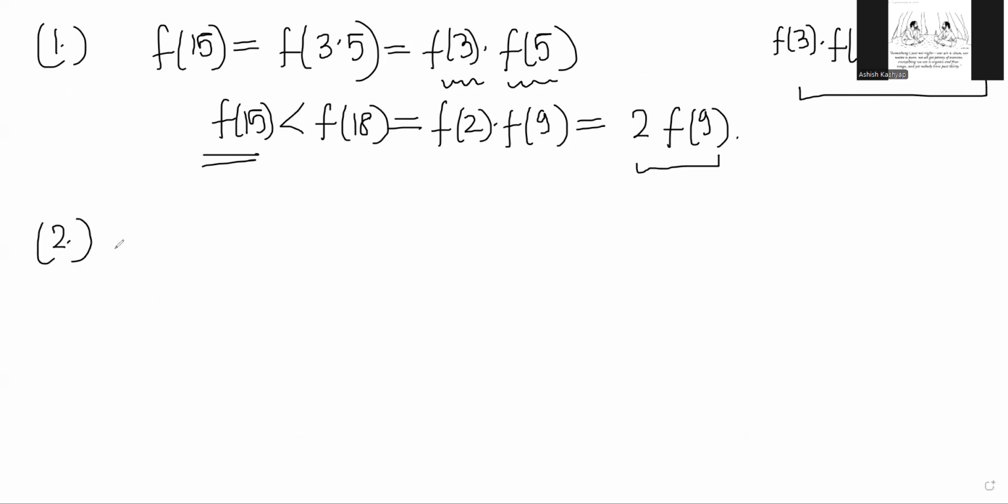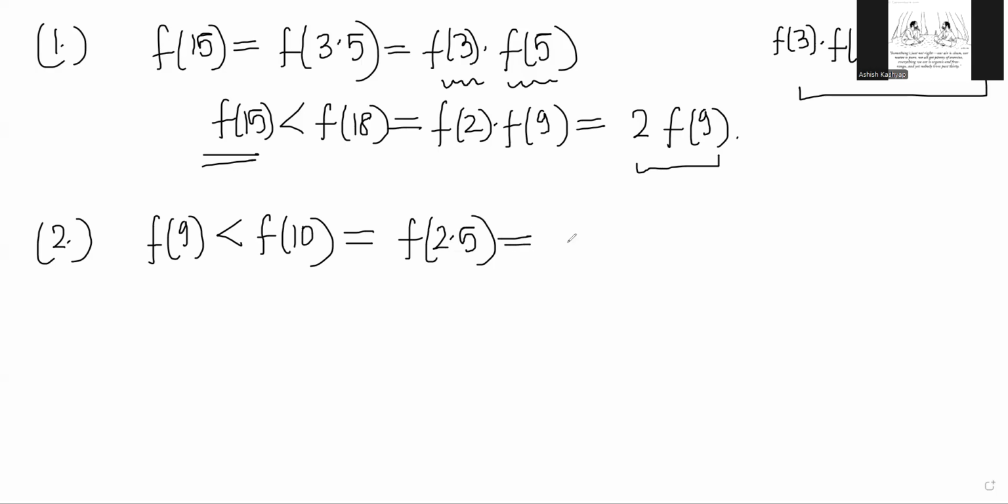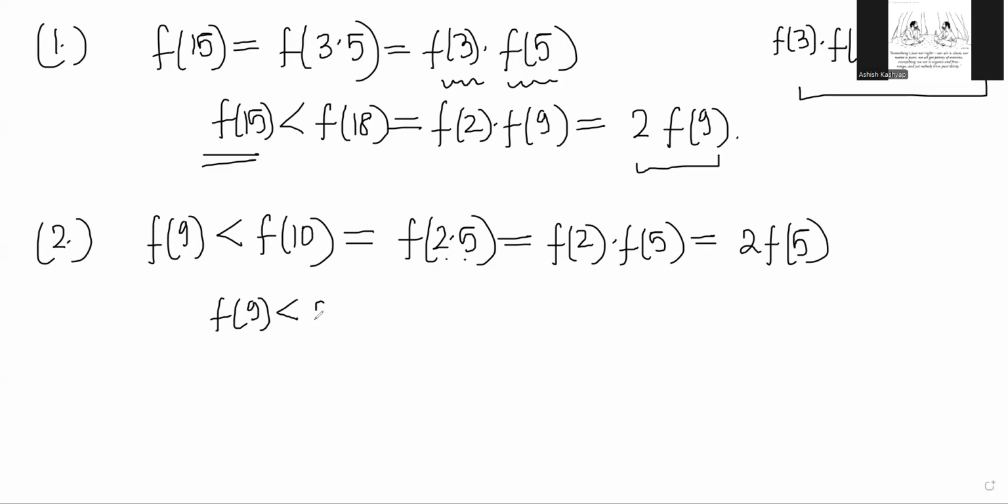Now, another inequality that we can create is f of 9 is less than f of 10 because it's an increasing function. But f of 10 is equal to f of 2 into 5. By multiplicative rule for co-prime numbers 2 and 5, we can write it as f of 2 times f of 5. And that is basically 2 f of 5, right? So we are getting f of 9 is less than 2 times f of 5, right?